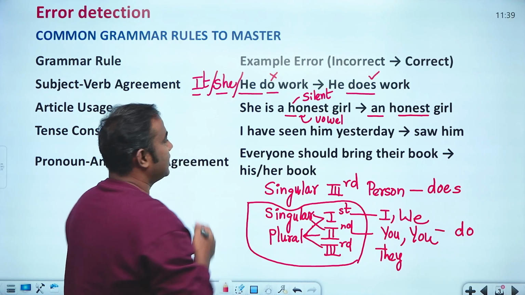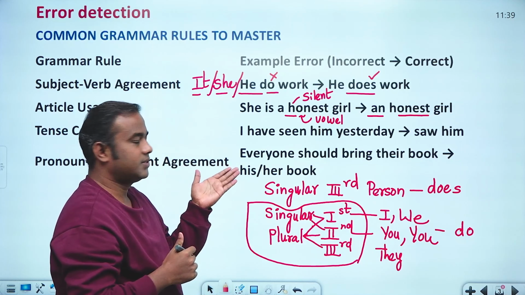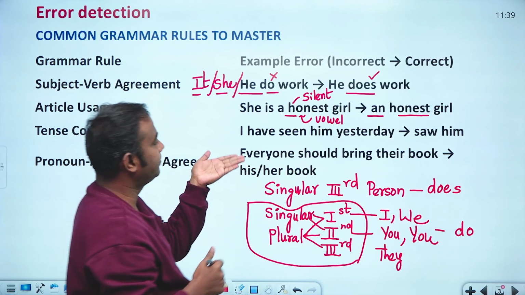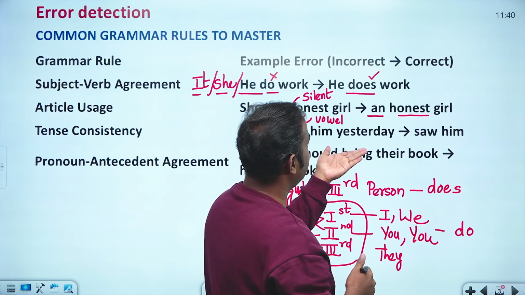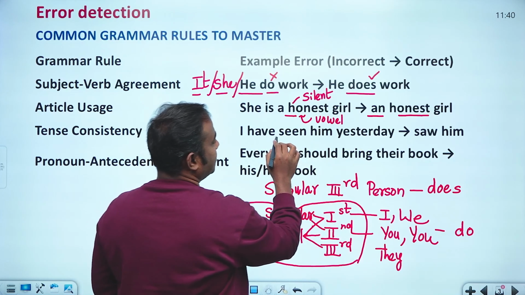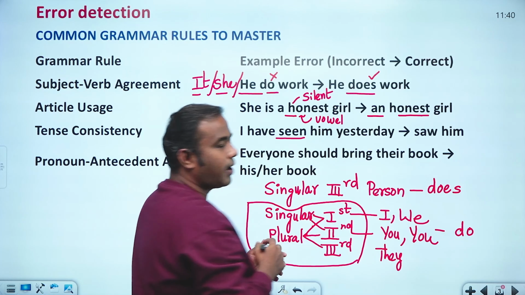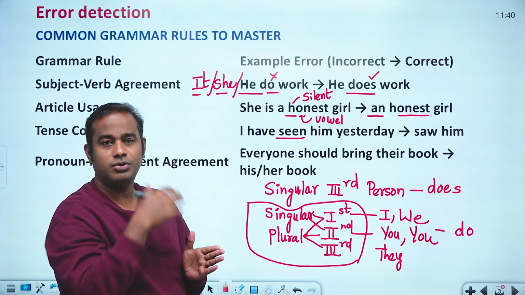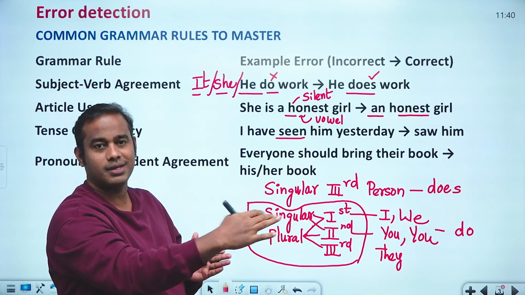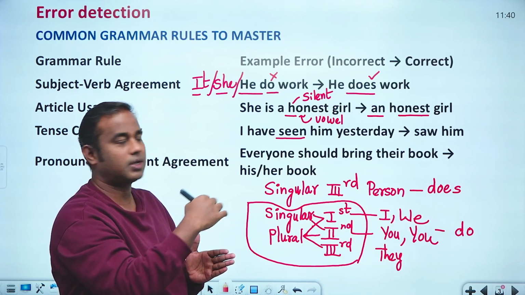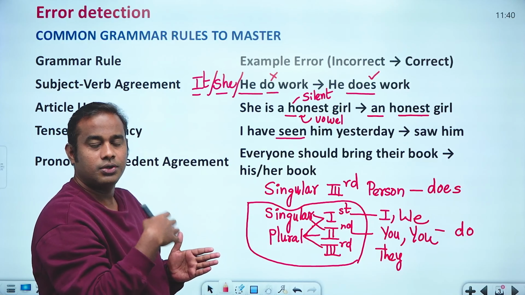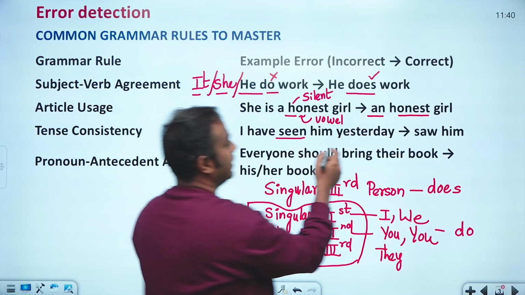Then tense consistency. What do we mean by tense consistency? Look at here: I have seen him yesterday. It should be I saw him yesterday, because that has already happened. You are not seeing him continuously. See, saw, seen: saw is the past tense, yesterday is past tense.